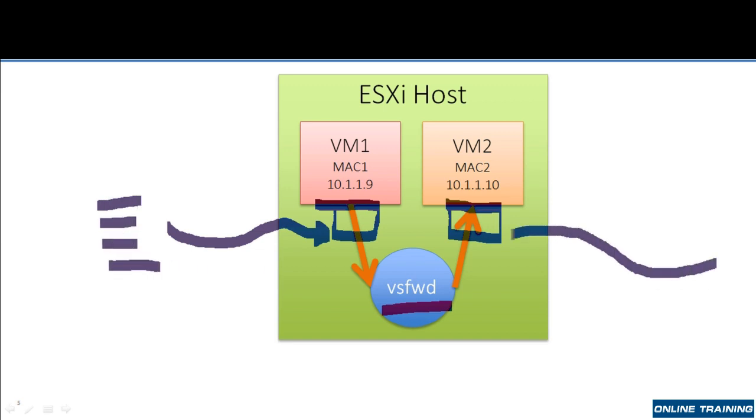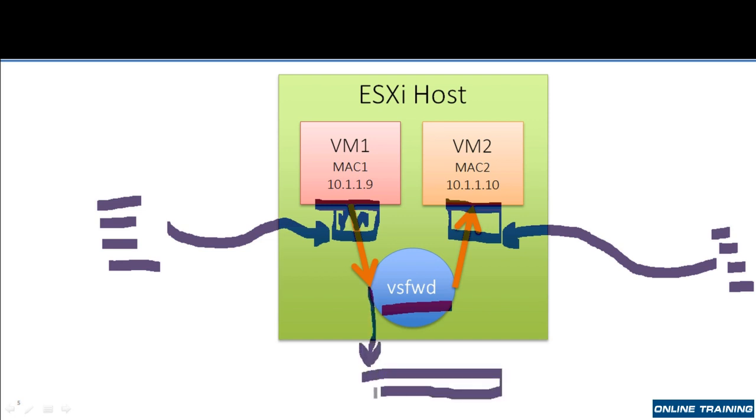I can have a set of rules for, maybe this is my application server, for incoming and outgoing traffic for this virtual machine. And even though they're on the same logical switch, that firewall policy is applied before their traffic even hits the logical switch. Before the traffic, so the next step would be to hit their logical switch. So those firewall rule sets are applied before the traffic is even switched.